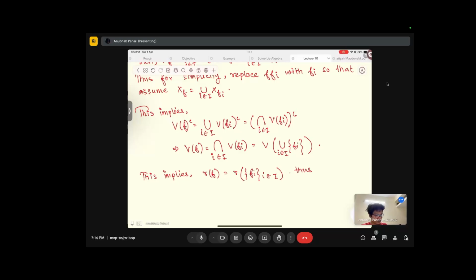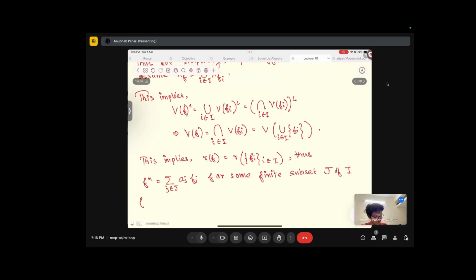Thus, f to the power n equals the sum over j of aj fj for some finite subset J of I and some n.